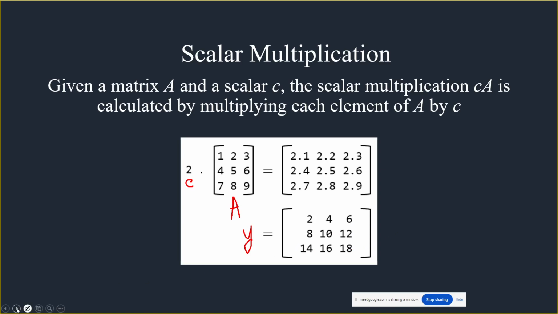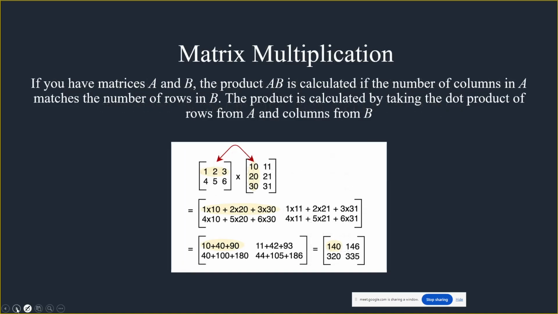Then if we go to our next slide, in this slide we're discussing matrix multiplication. In our previous slide we discussed scalar multiplication, and in the last slide we saw how we can multiply a scalar to a matrix.